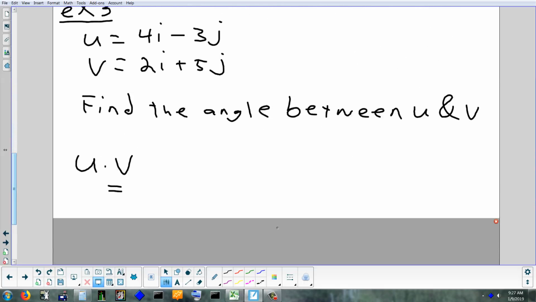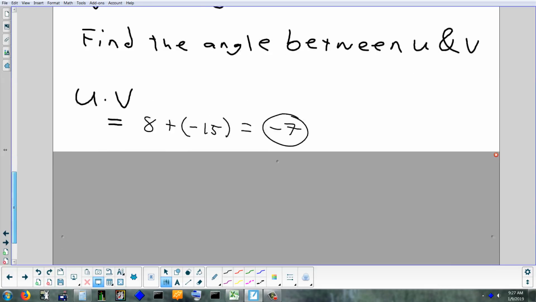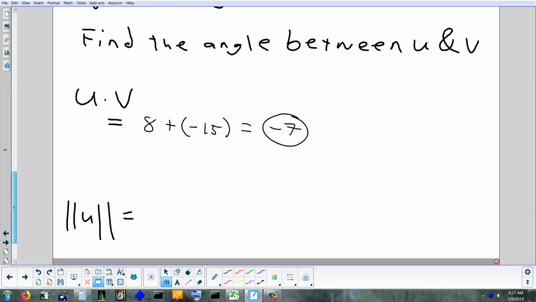Four times 2, plus 3 times 5, plus negative 3 times 5, which is negative 15. And my dot product, if I add those up, what do I get? Negative 7. There's your dot product. Next thing, I need the magnitude of u.